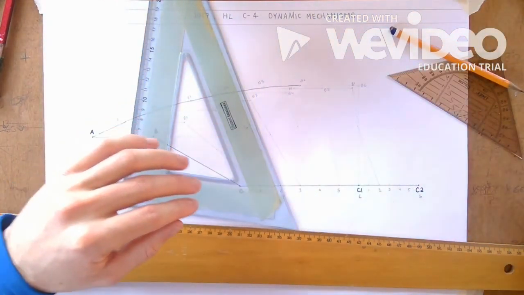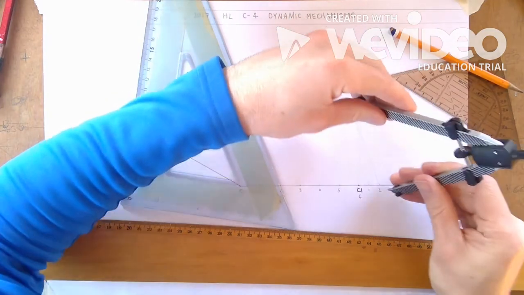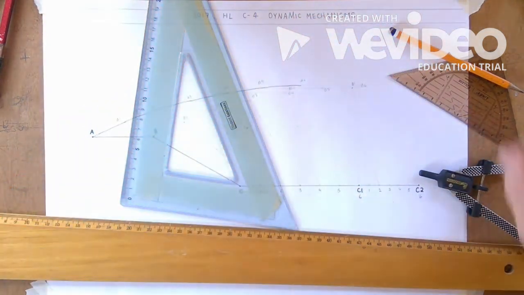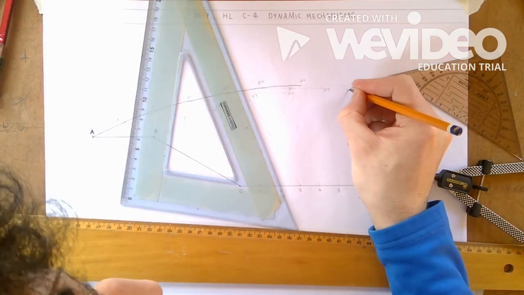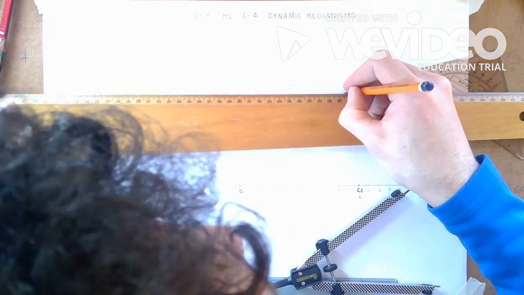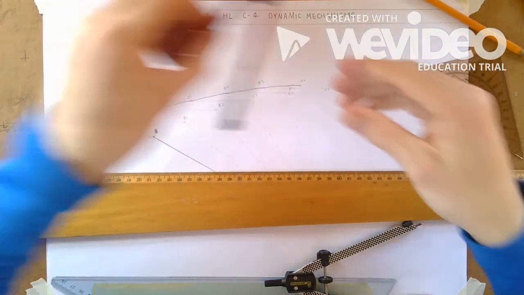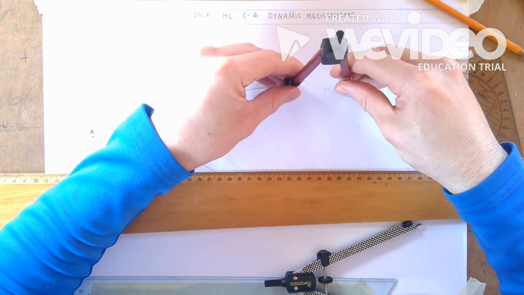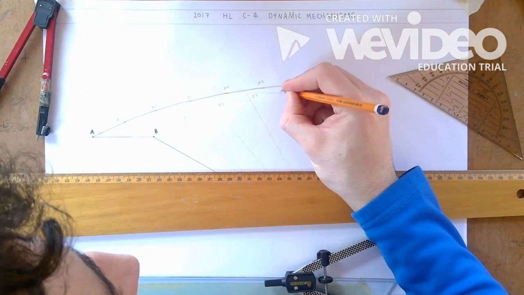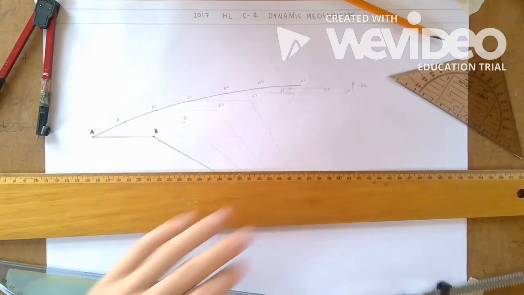Draw out a light line, and again have your compass set to both your measurements. Here's B2. And remember, A to B is always going to be horizontal. Draw that out. And on that line mark A2. Same thing again.